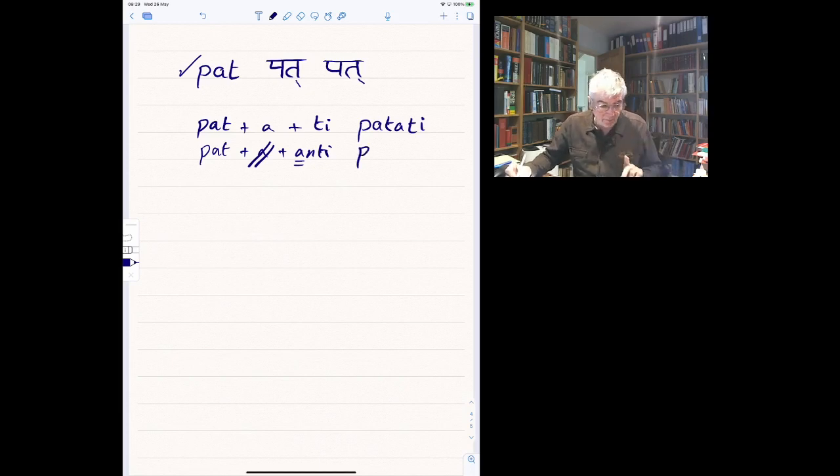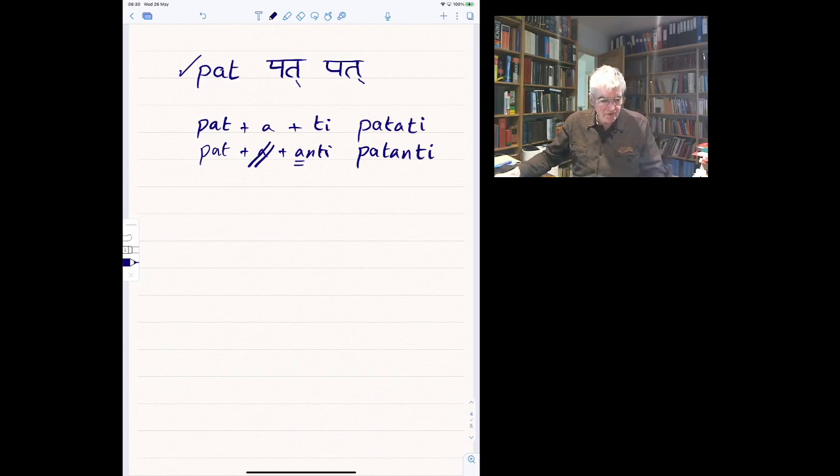If two people are falling, you can't say patanti, you have to say patatah. So they are falling, they fall in the plural, patanti. So we had third singular patati, third plural patanti.